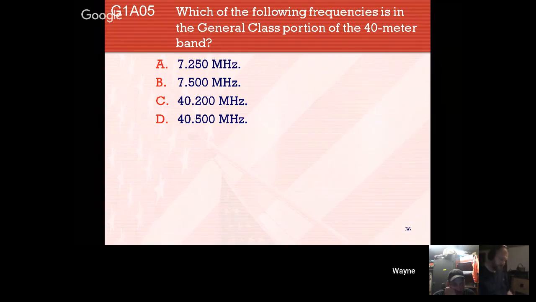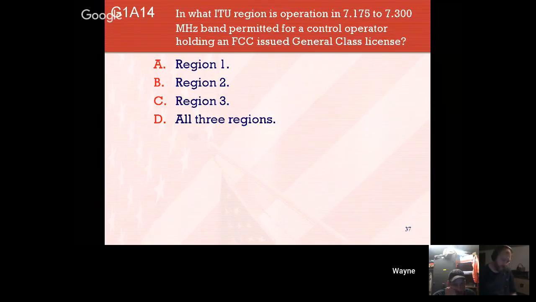The only other choice there is 7.250, so your answer is A. If you know what the upper limit is for this question, you've got this one made. In what ITU region is operation in the 7.175 to 7.300 megahertz band permitted for a control operator holding an FCC-issued General class license? We are in Region 2.